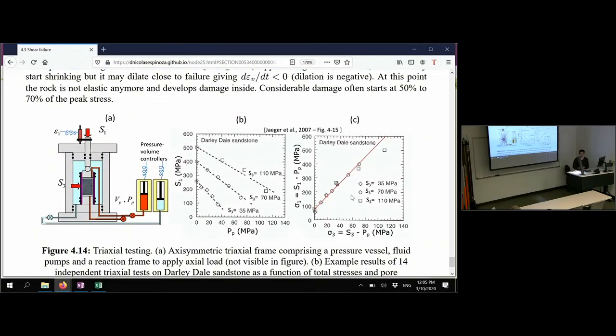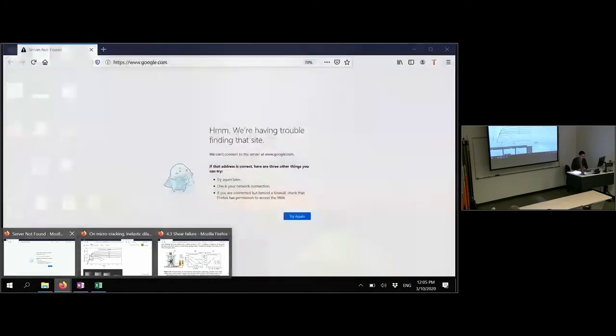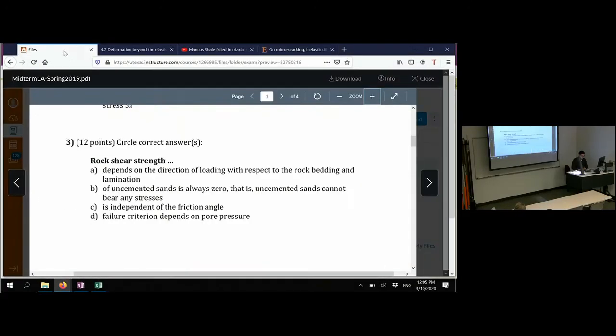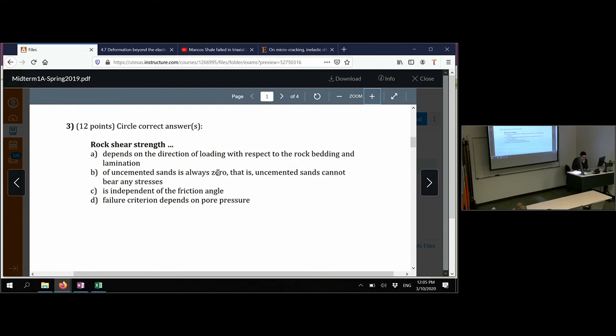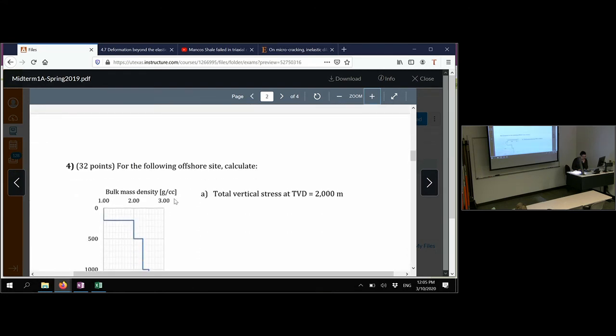Rocks just care about effective stress, and effective stress already accounts for that pore pressure. There is no pore pressure in the failure criterion, just effective stresses.